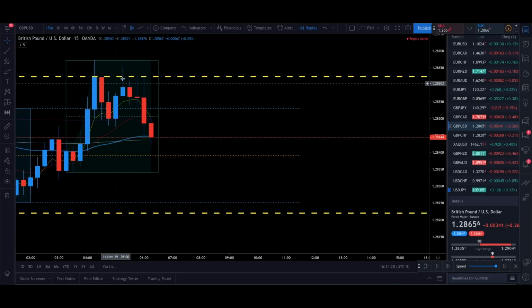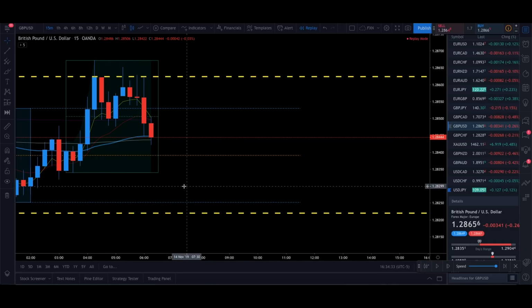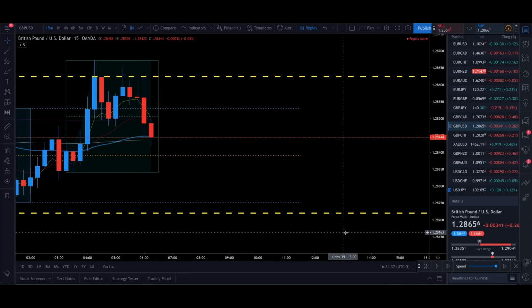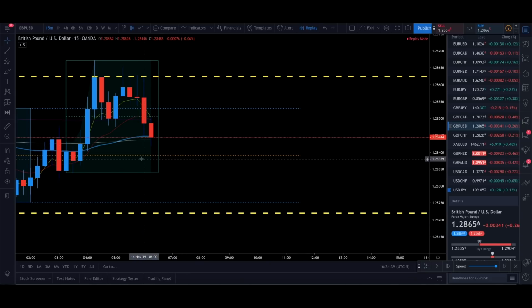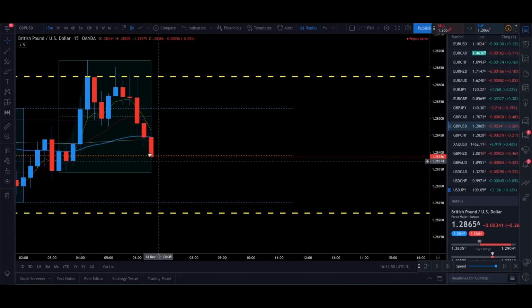You have to be aware that if you're taking this as a type 2 trade setup, it has to clear the middle of the range. If it doesn't clear the middle of the range, what is it? It turns into a type 3. So watch what happens here.